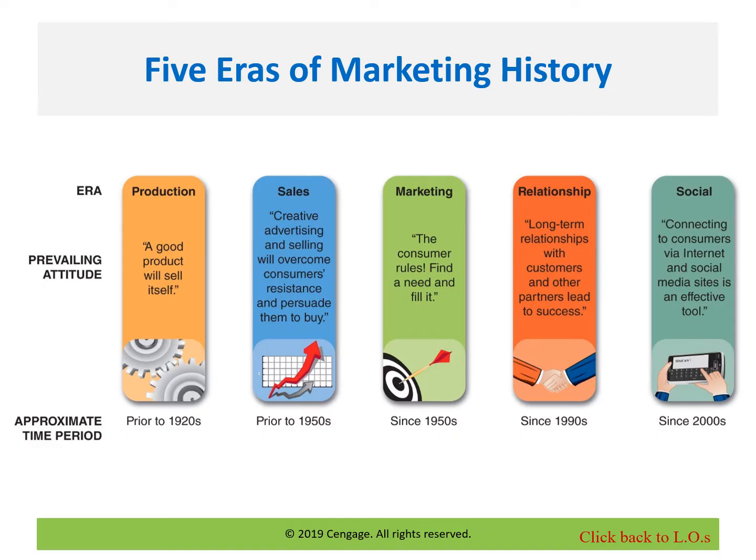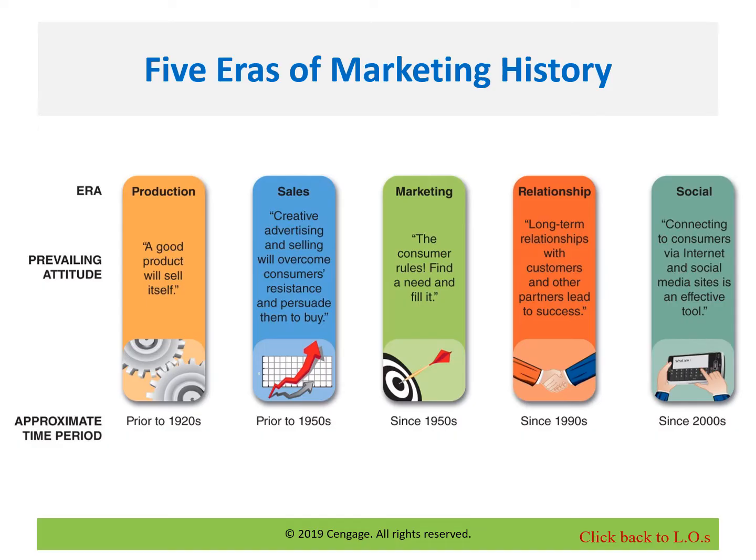Sales activities were the focus, where they believe that creative advertising and selling will overcome consumers' resistance and persuade them to buy. They just sell and sell to anyone they meet without considering whether the person needs their product or not. They believe that with their excellent convincing power, they can sell anything to anyone.